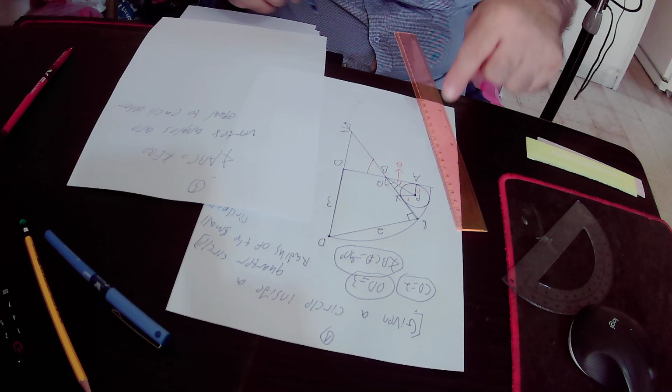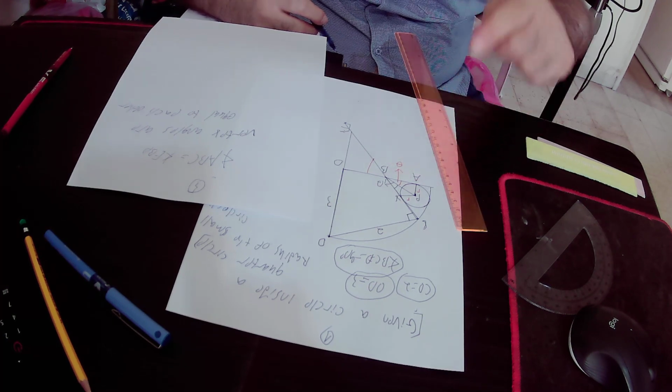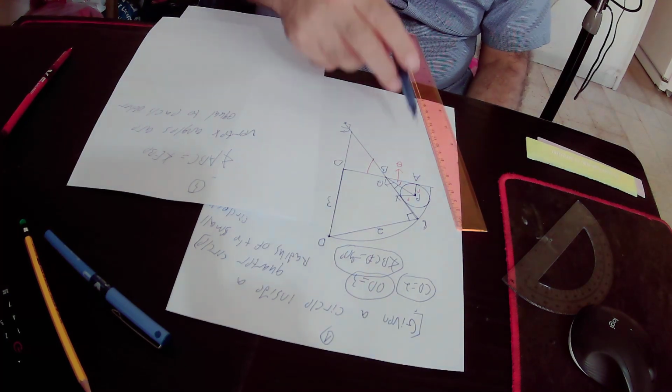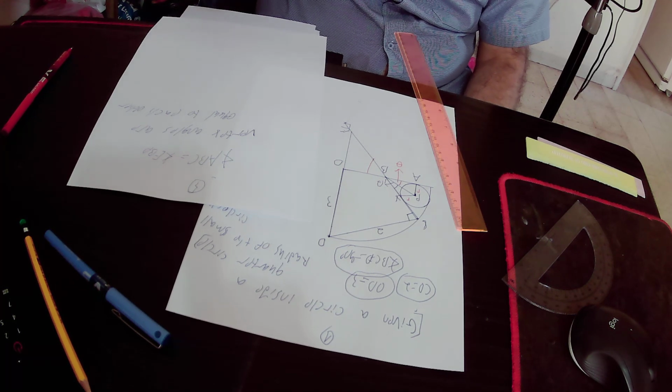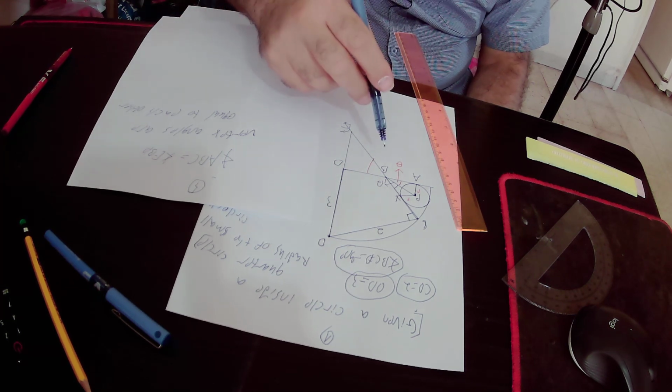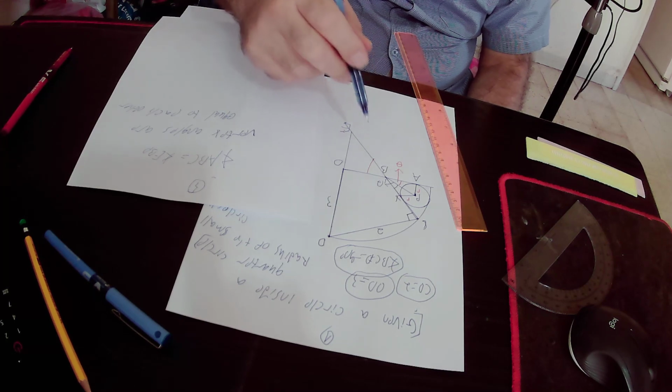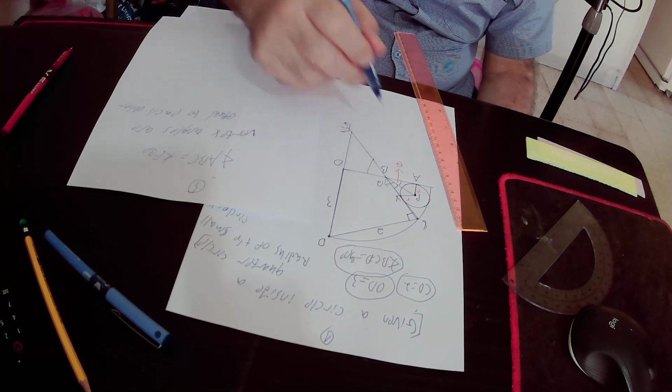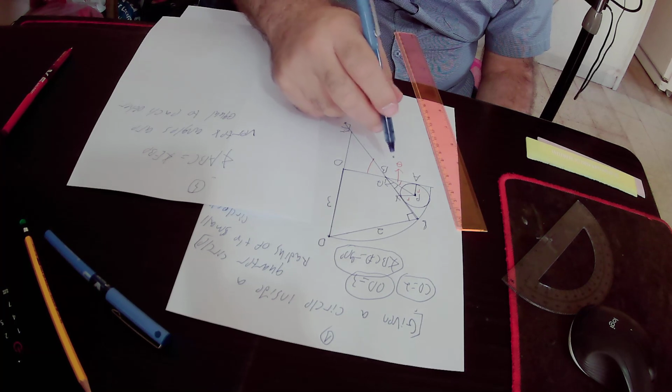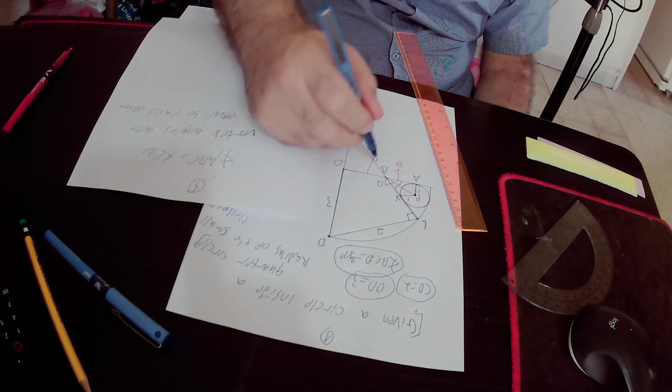Again, vertex angle ABC equals theta plus theta, which equals vertex angle EBO, which also equals 2 theta.